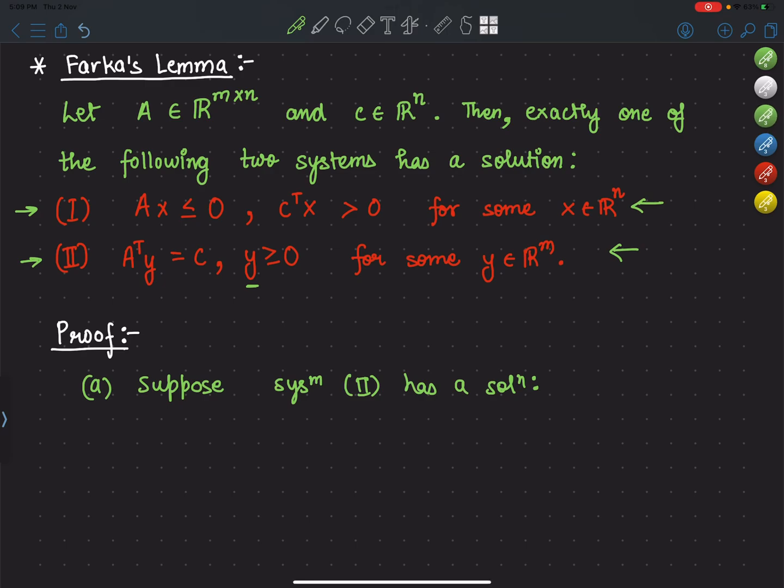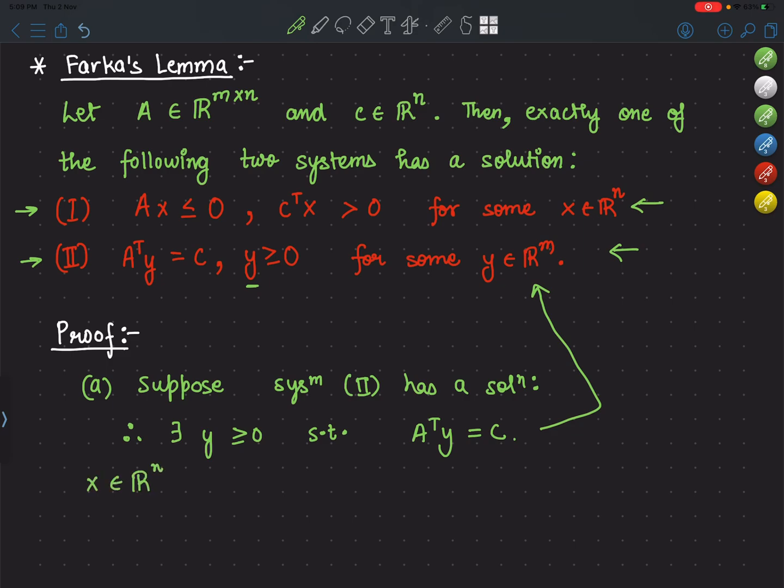So what does that mean? That there exists a y greater than or equal to 0 such that A transpose y equals C. This is what it means, right? Now consider some x belonging to Rn such that Ax is less than or equal to 0.